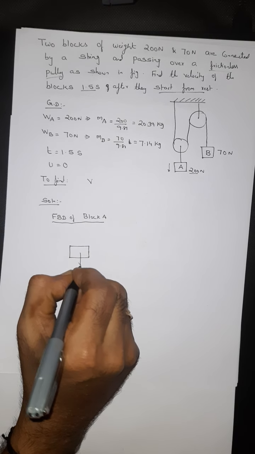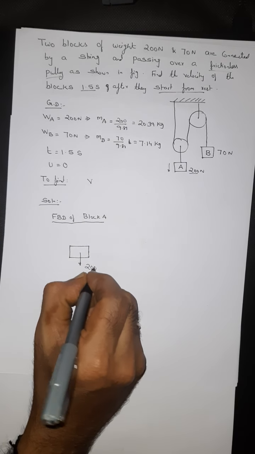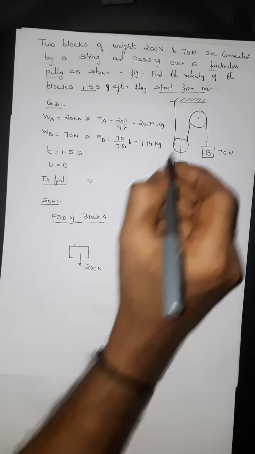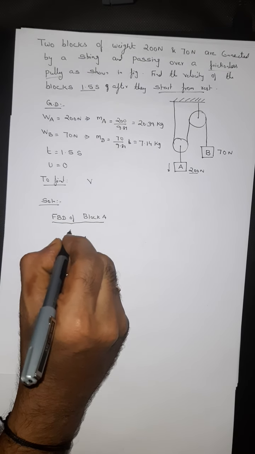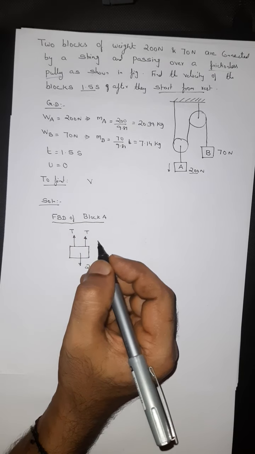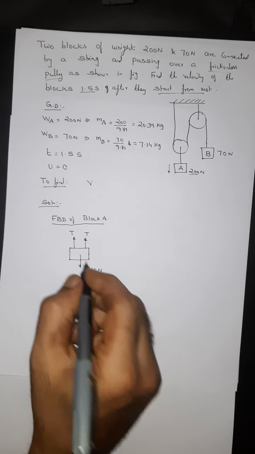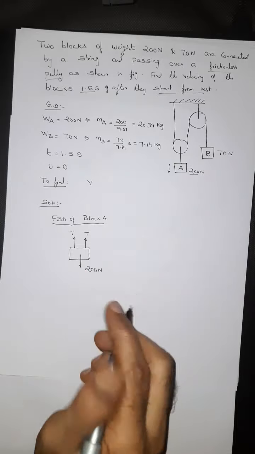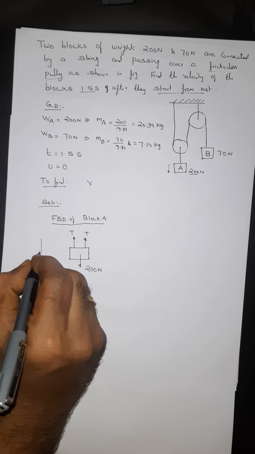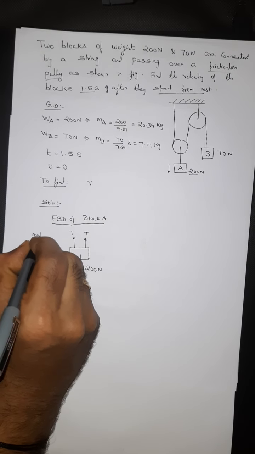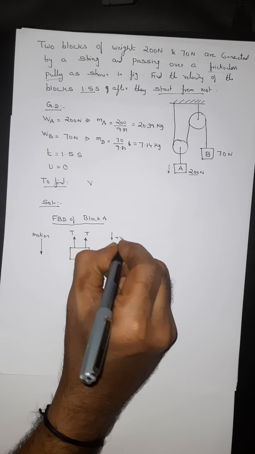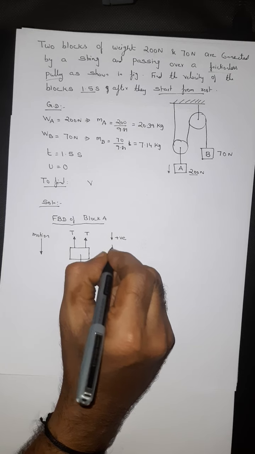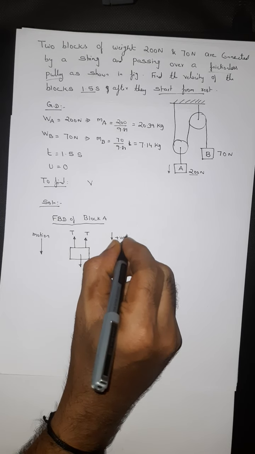Look at here, two strings are there, therefore two tensions will act, which is away from the body or block. So the motion is vertically downwards. Downward direction gives positive value and upward gives negative value.